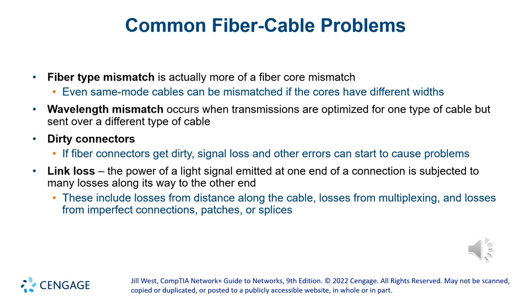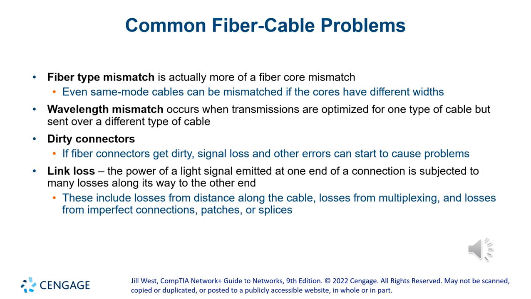Now, the common problems. I already mentioned that: the fiber mismatch. You cannot have single mode and multi-mode connected together. Then it's just not going to work. The cores are made to transmit the light in a different way, either single mode or multi-mode. So you cannot connect a single mode to a multi-mode and expect the signal to go through.